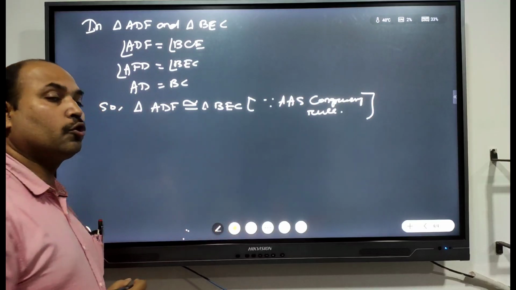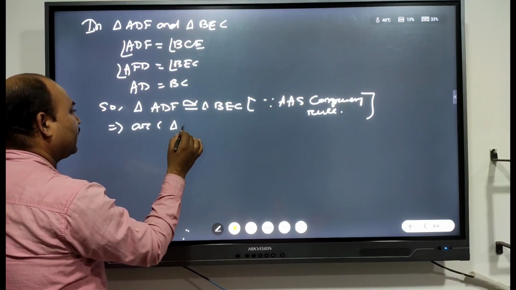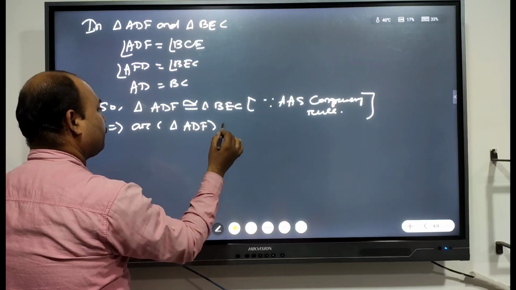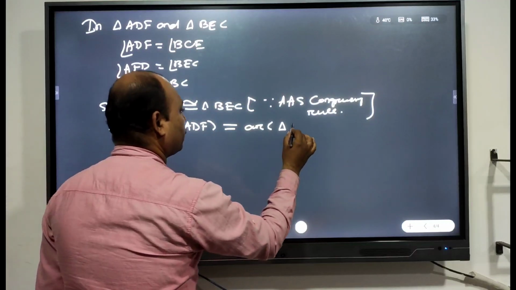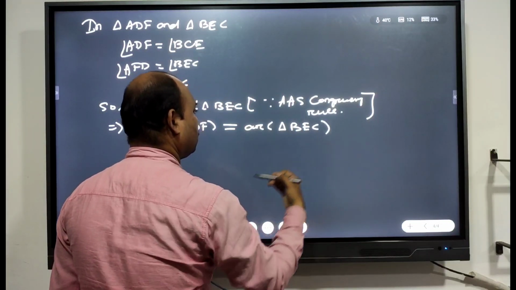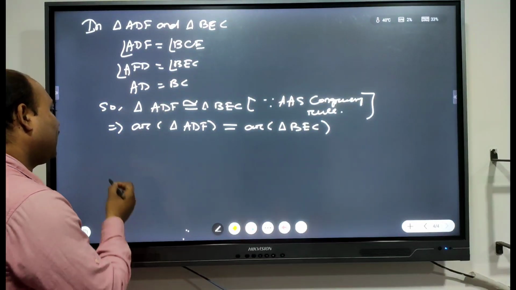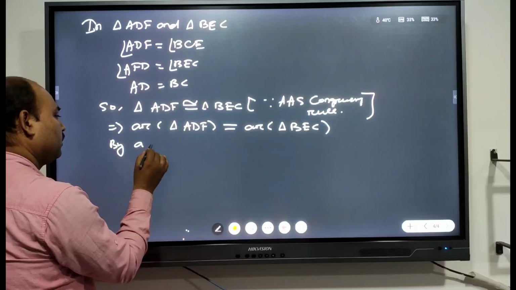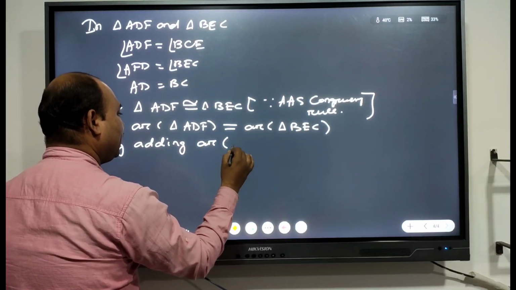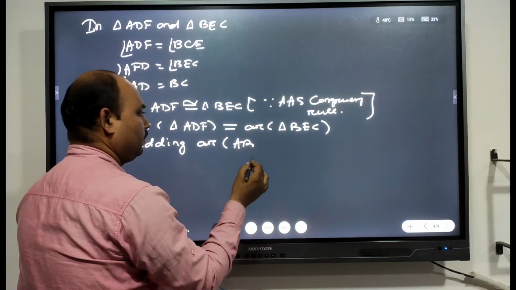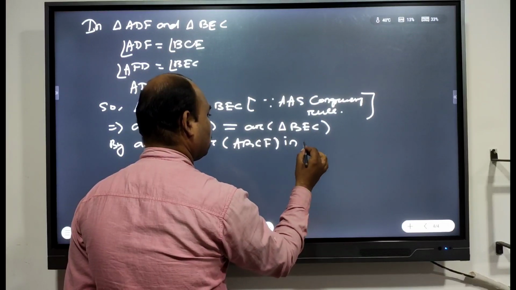When these two triangles are congruent, this implies that the area of triangle ADF is equal to the area of triangle BEC. Now we have this area equal. Now we have to add the area of ABCF on both sides.